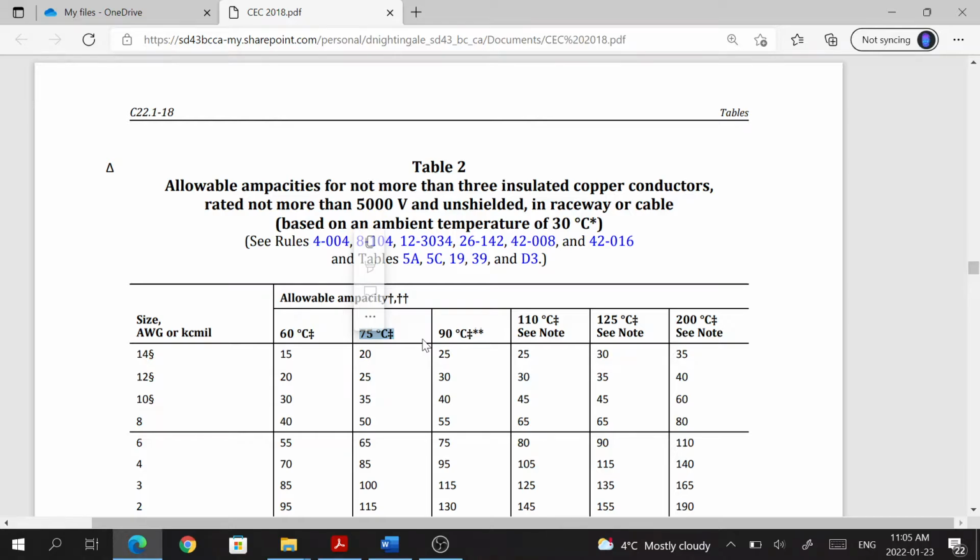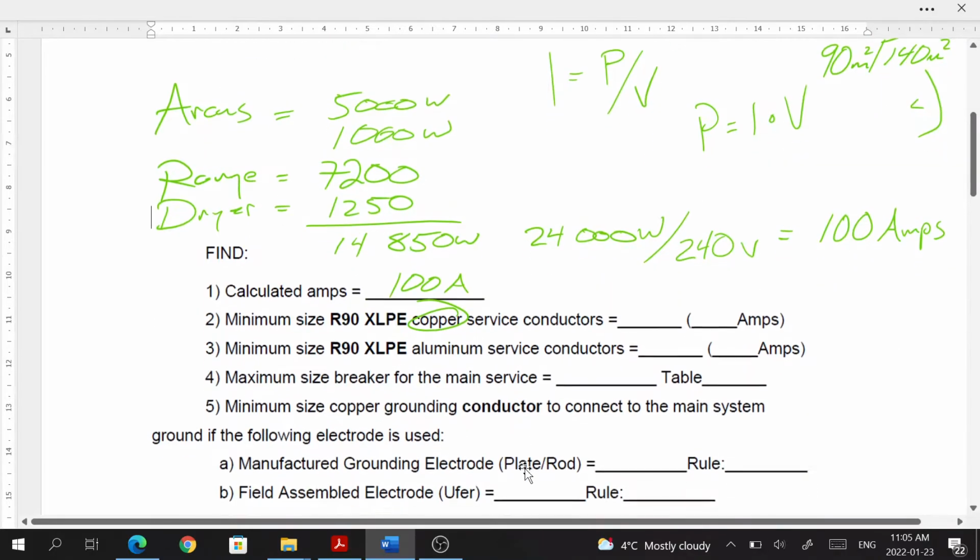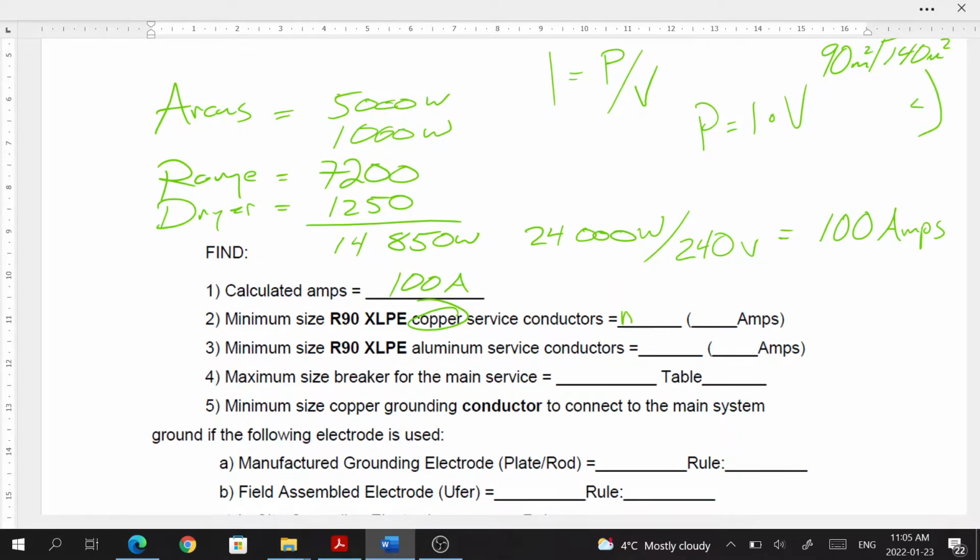So it doesn't matter that our conductors are rated for 90 degrees. We need to take what those termination points that those conductors are going to. We're going to take that temperature rating. So we're reading from this column here. And if you see, we're dealing with 100 amps, and that's going to be size 3 conductor for copper. So we can fill that in. Number 3, and that was good for 100 amps.